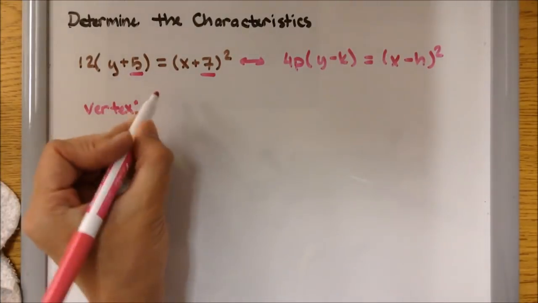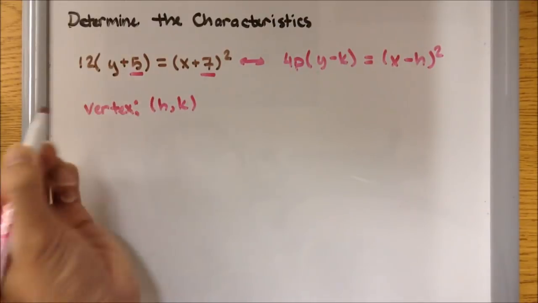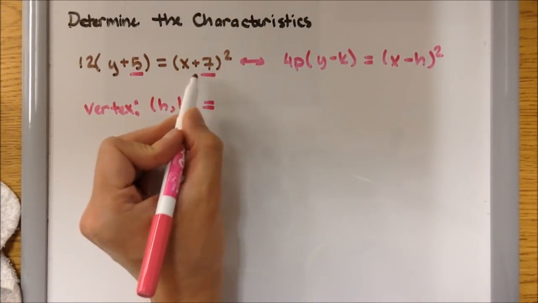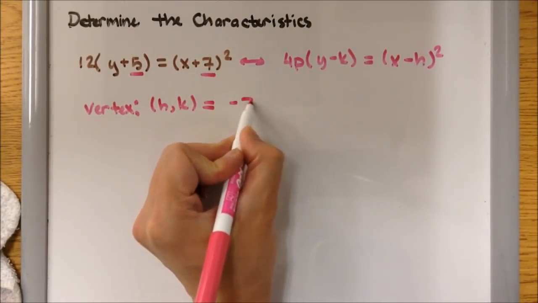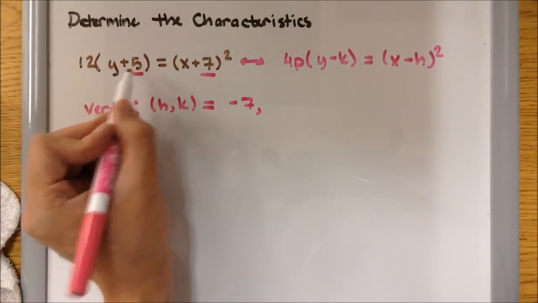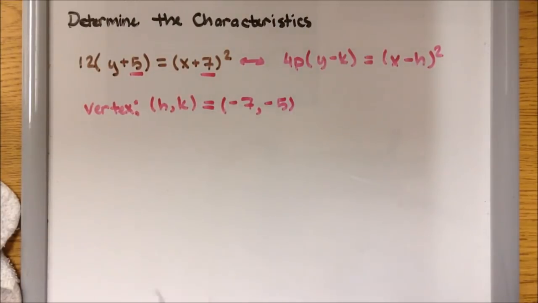So the vertex is h comma k in parentheses, a coordinate point. h is always with the x; since it's plus 7, it's going to be negative 7. And k is always with the y; since it's plus 5, it's going to be negative 5. So that's the vertex.